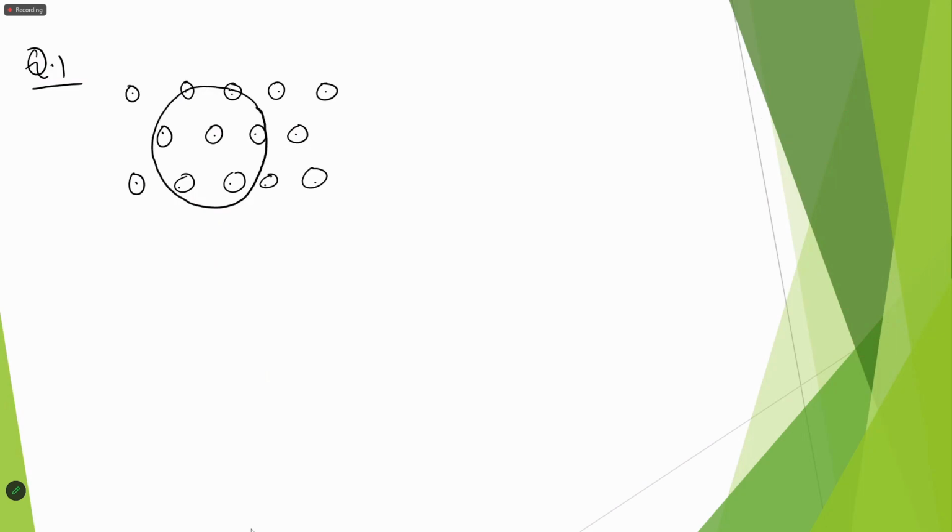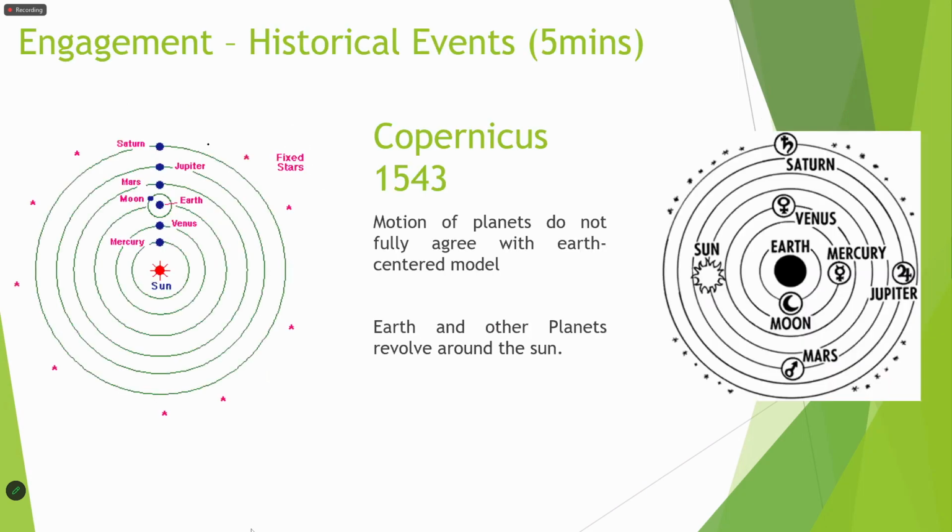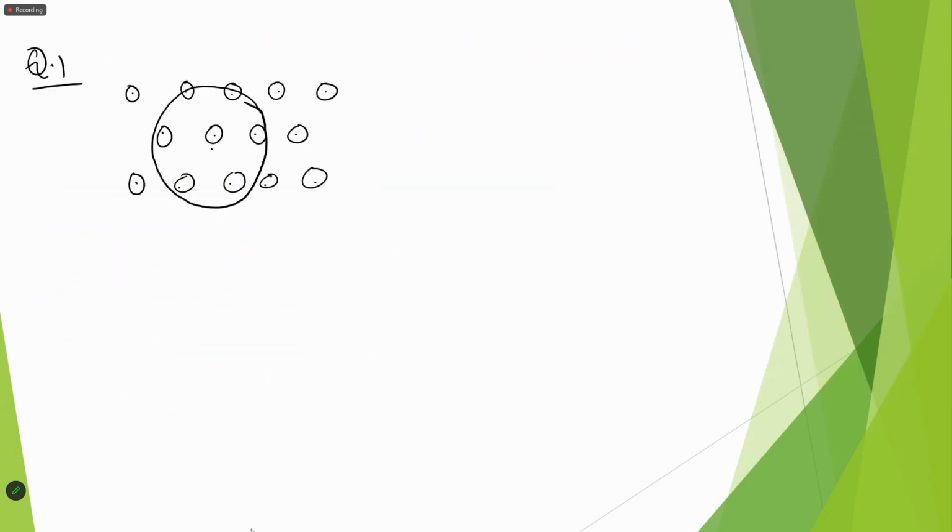So if you have magnetic field lines like this, they are out of the board. Then you have a coil here. It has a radius r.